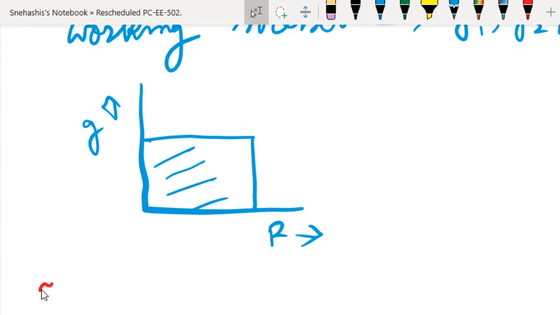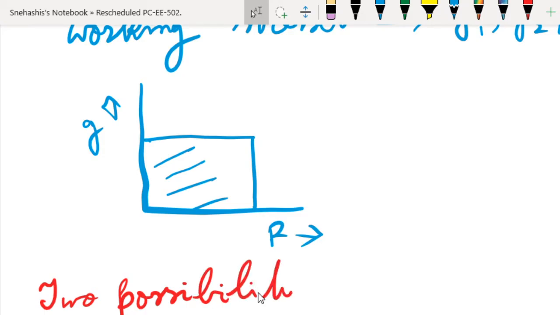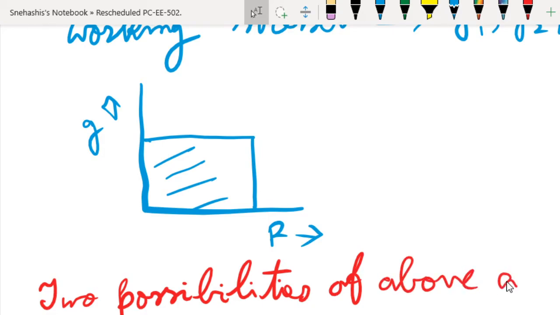There might be two possibilities of the above arrangement.